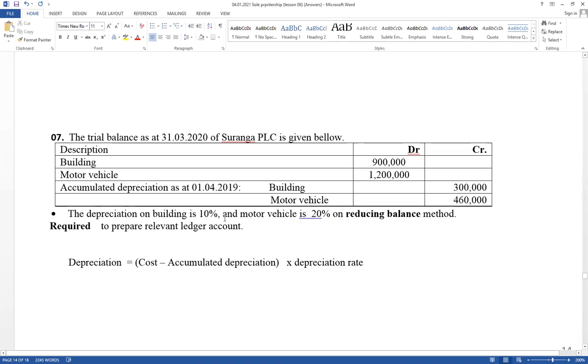Think about depreciation: building 10%, motor vehicle 20%, reducing balance methods. Then calculate building depreciation.